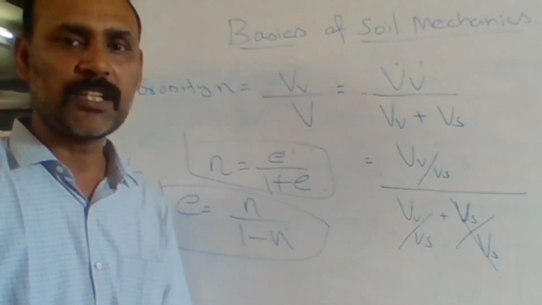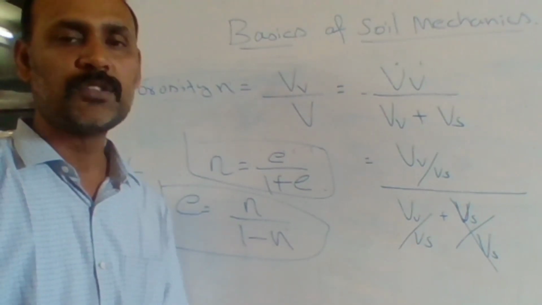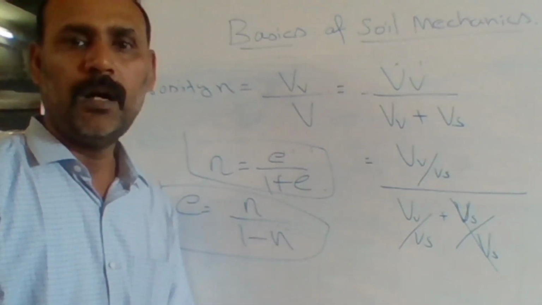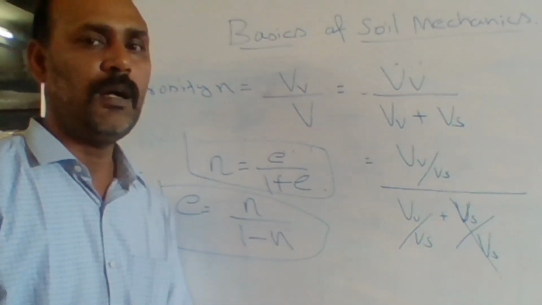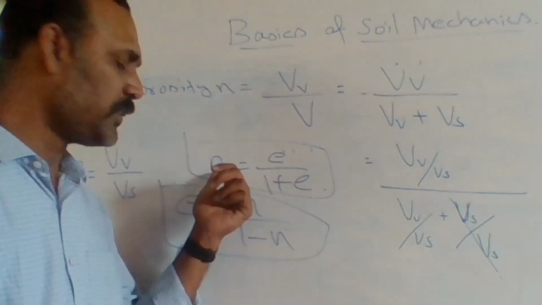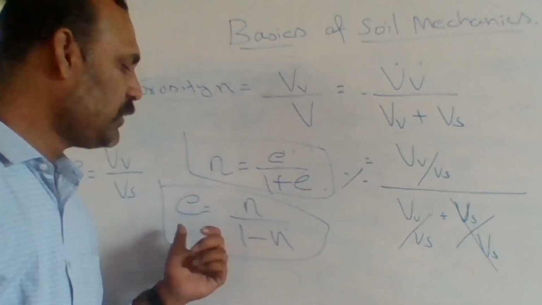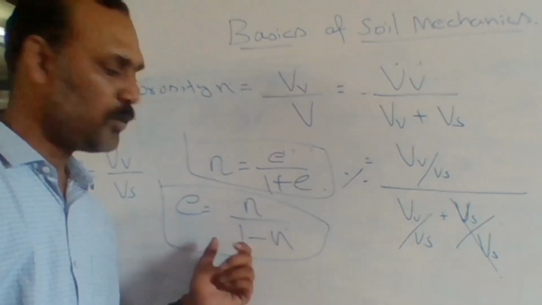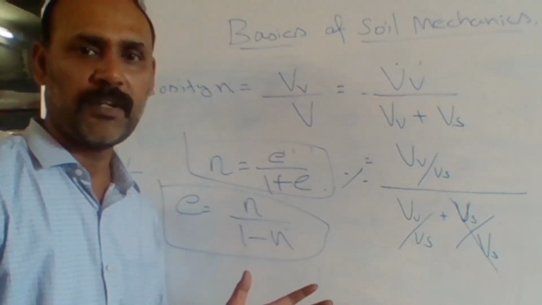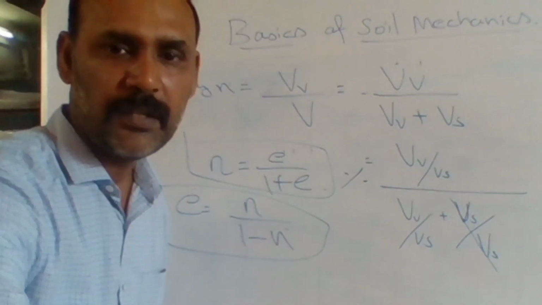The porosity is always in percentage, the volume of voids divided by the total volume. So n is equal to e by 1 plus e, that is the porosity, and the void ratio is e is equal to n by 1 minus n. Okay, that is the relation between the void ratio and porosity. Okay, so thank you.